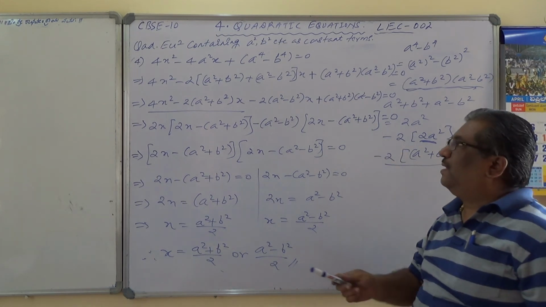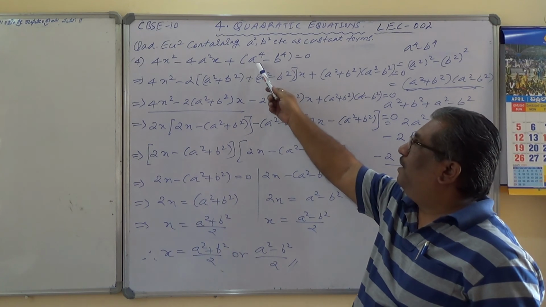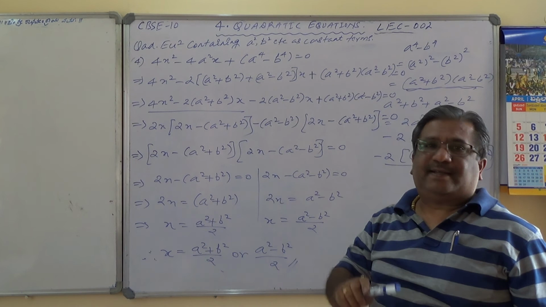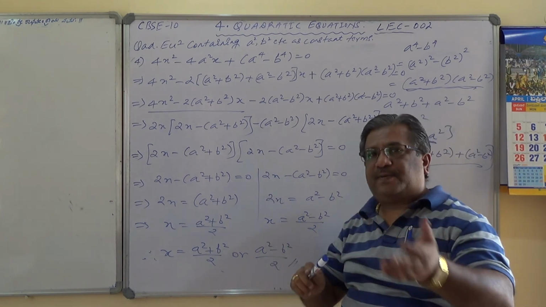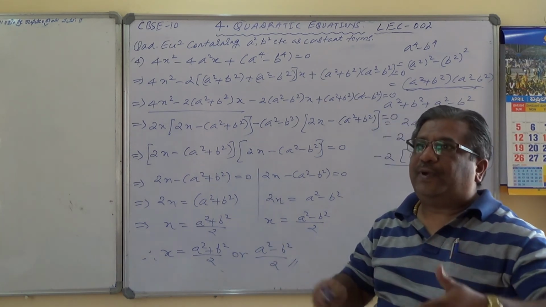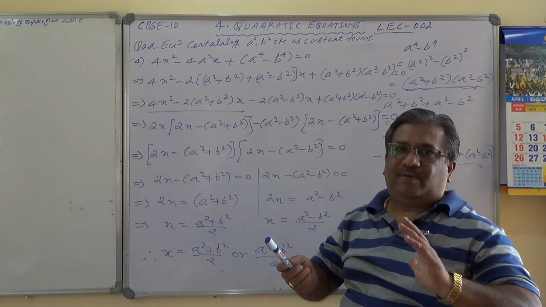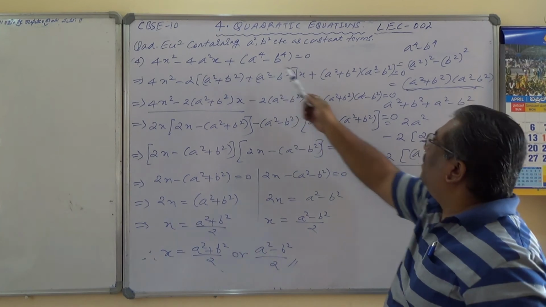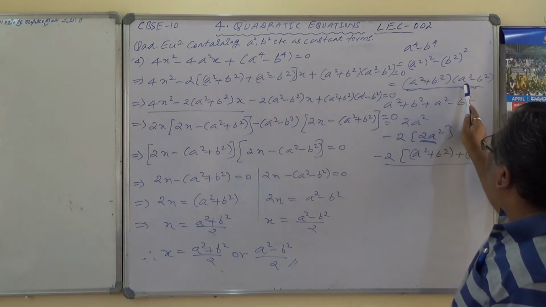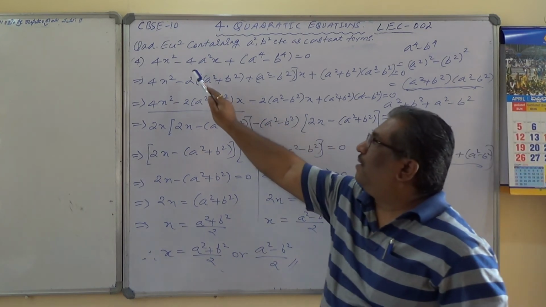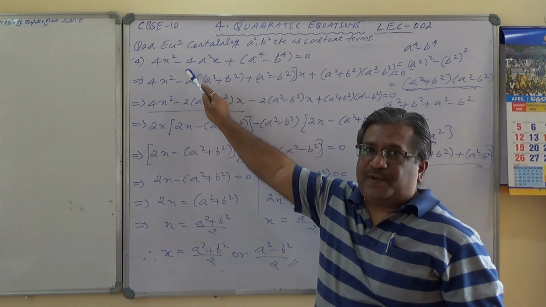So what I did basically here, express the constant term in terms of their factors. Add or subtract the factors to get the middle term. But some manipulation is involved. For example, here I added these two, but ultimately I ended with 2a square. But what I require here is minus 4a square as a coefficient.